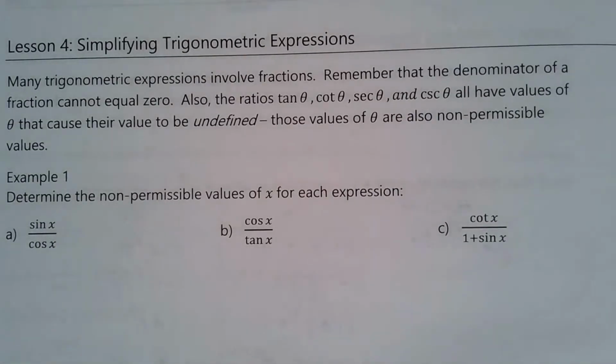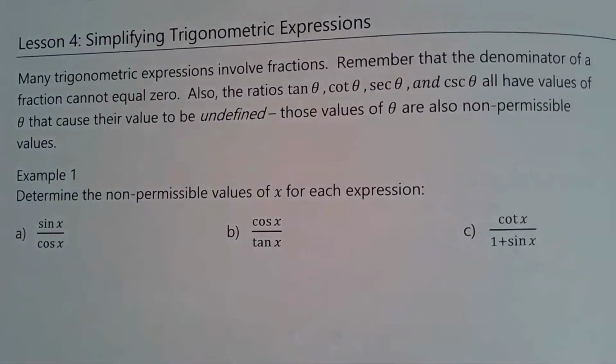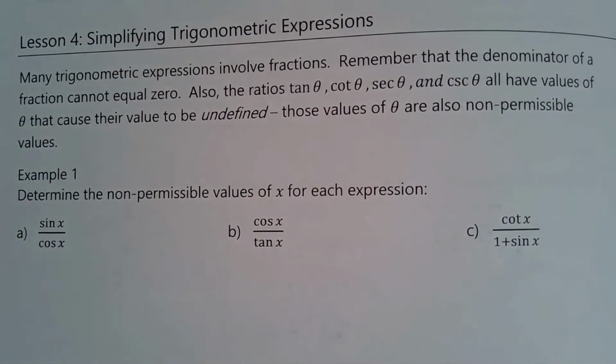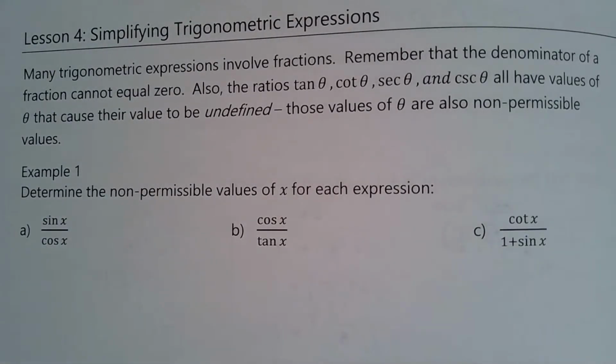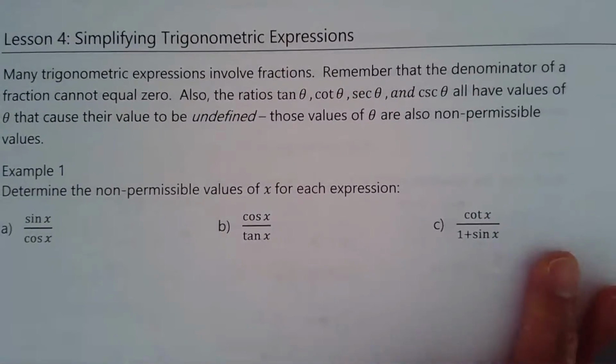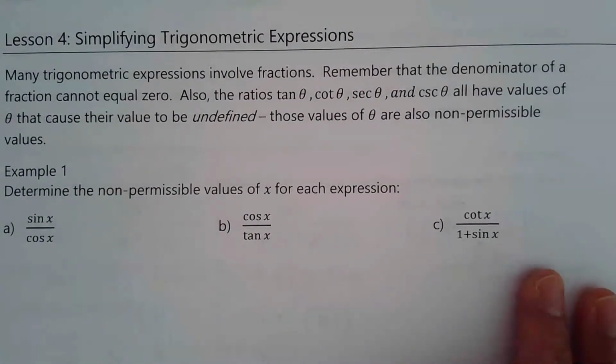In terms of lesson 4, we're going to talk about simplifying trigonometric expressions. How can we simplify things? Because later on we're going to talk about trig identities. We're going to try to always simplify things to show that the left side is equal to the right side.